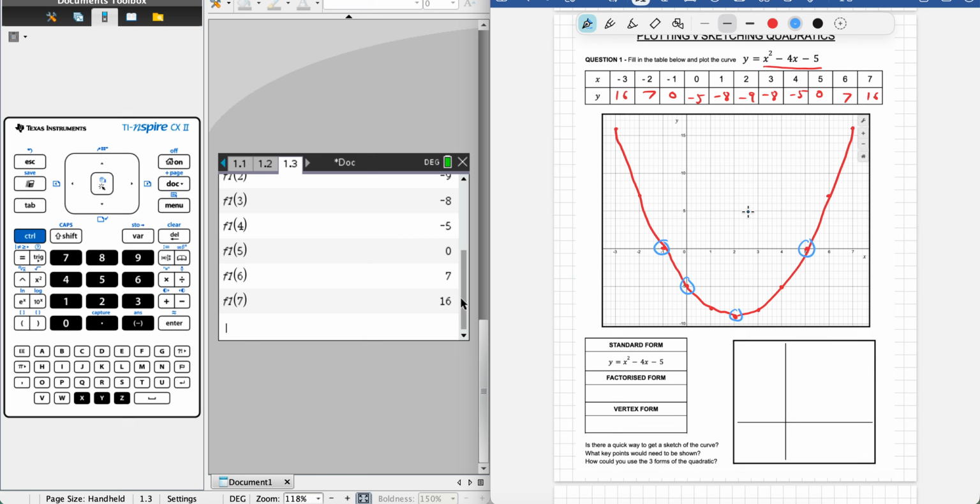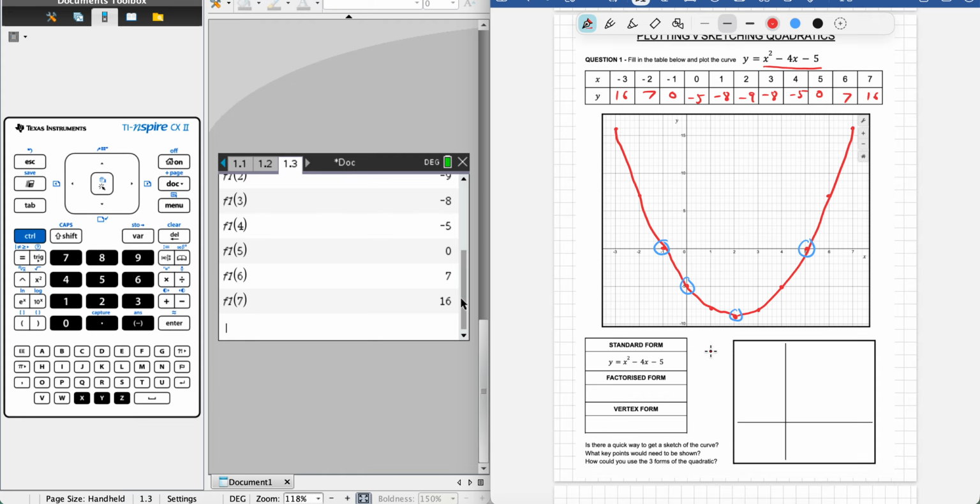If I have those points, I should be able to get a pretty good sketch of this curve. We're going to do this using standard form, factorized form, and vertex form, all these forms that we've seen in the past.